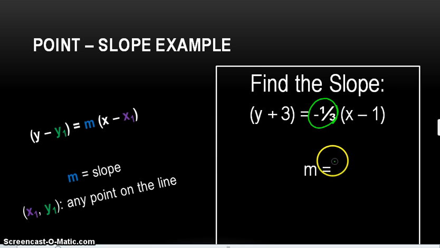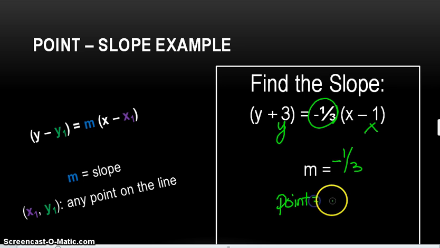Okay, so your slope is going to be negative 1/3. And if it asks what's a point on that line, you know that this is your y value and this is your x value. So you would know that the point is 1, 3.